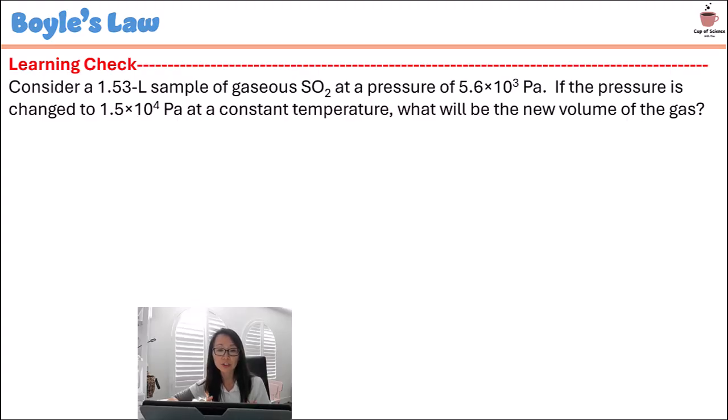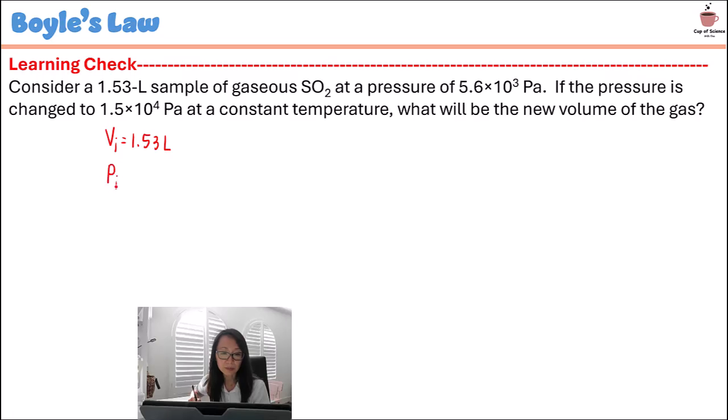If pressure is changed to, so pressure is the one that's being changed, and it's giving you a value which is 1.5 times 10 to the 4 Pascal at constant temperature. What will be the new volume of the gas? Okay, so what I like to do is do a simple setup. So initially, the volume was 1.53 liter.